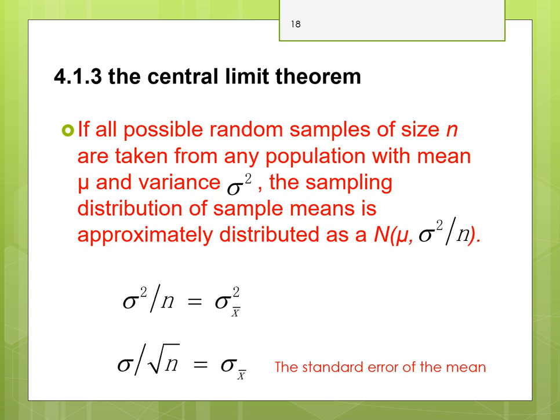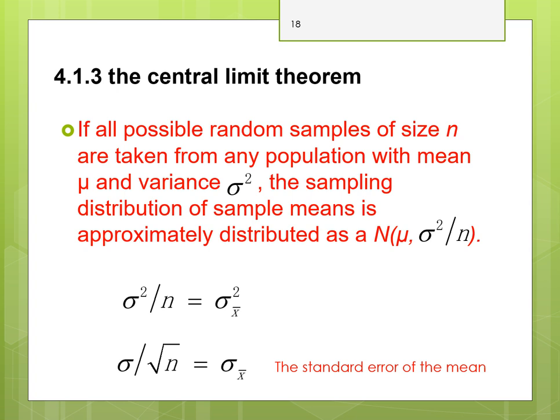So here we have already known the distribution of X bar is symmetric about the population mean, namely mu. So how about the variance? We already know that the variance of the original data is sigma square, right?